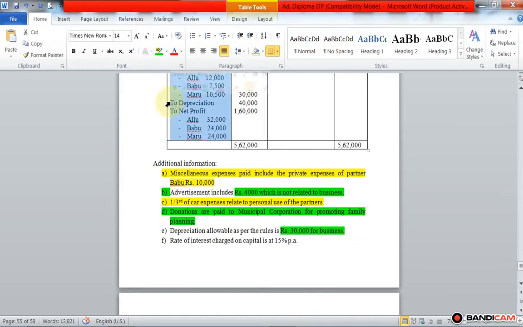So make a star in front of depreciation, because excess depreciation is charged on the debit side of the profit and loss account, that is 40,000.